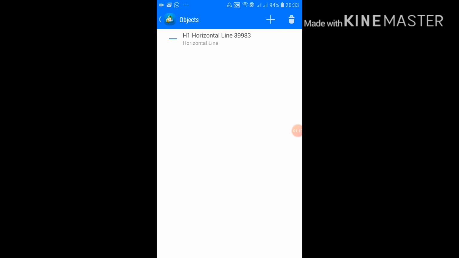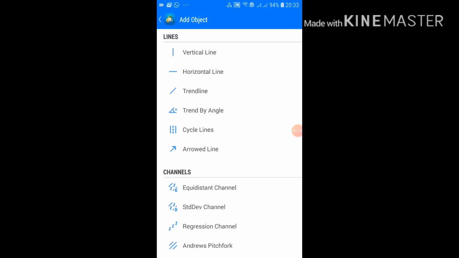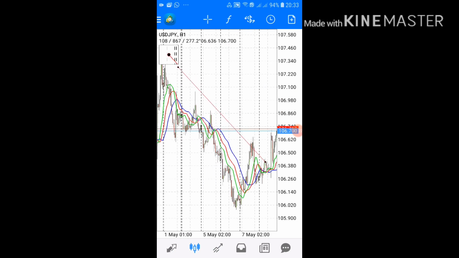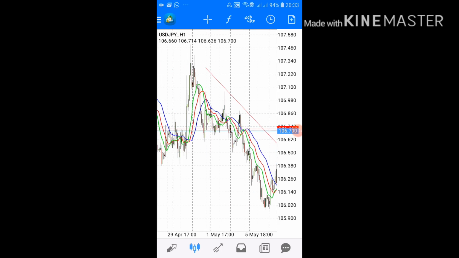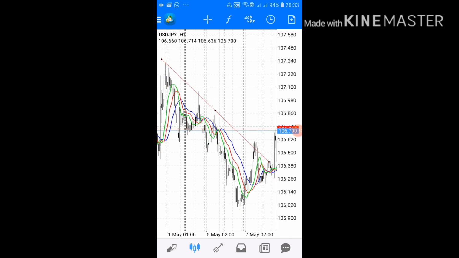You press on the plus sign, and then you see a trend line, which is the third option here. So you click on the trend line, and you can use it. Tap on any point of your screen, and you can draw it. Draw your trend line to any point you want.